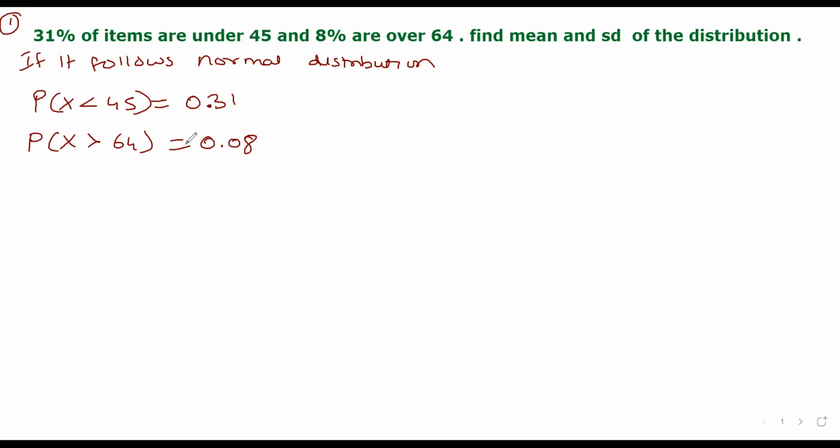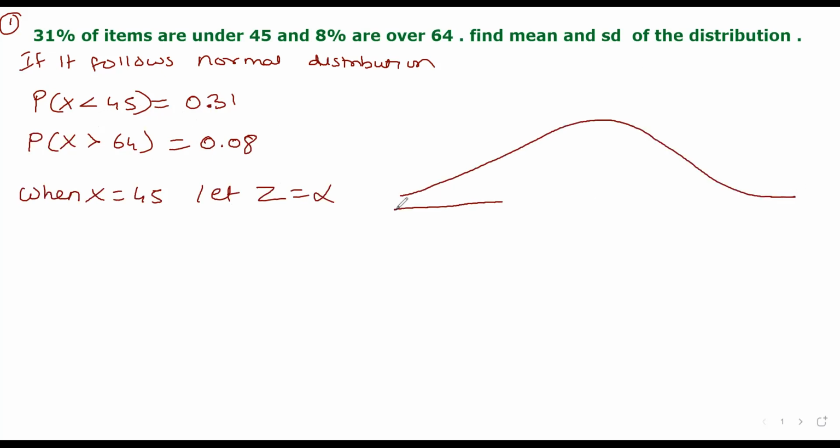Now find the mean and standard deviation. We have to find the mean, we have to find the standard deviation. I will say that when x is equals to 45, let z be equal to alpha. And now let us go to the standard normal curve.